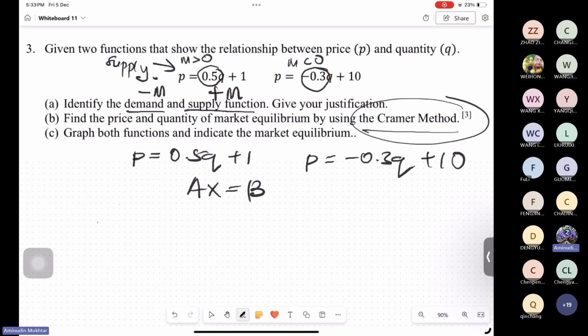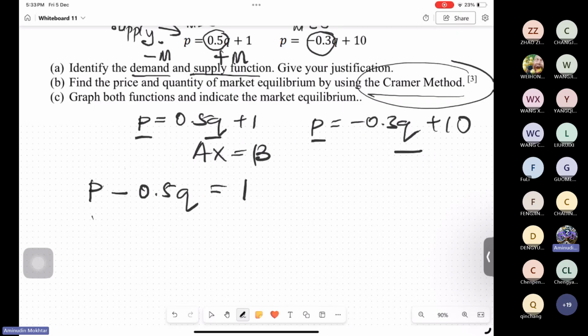The variables are P and Q. So P equal to 0.5 Q plus 1 can also be written as P minus 0.5 Q equal 1. The second one is P plus 0.3 Q equal 10. That's the first thing we need to do, arrange the equation first.